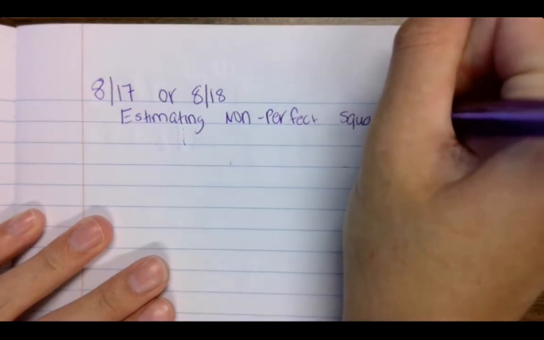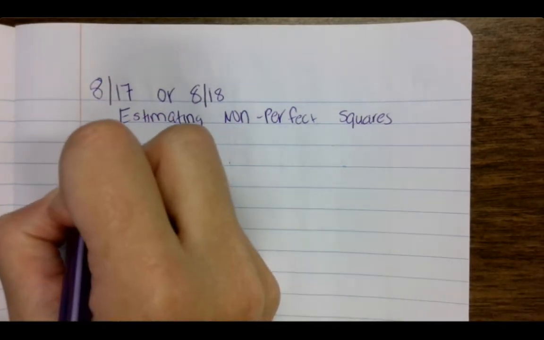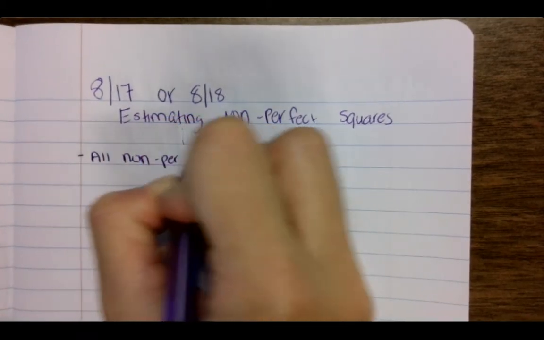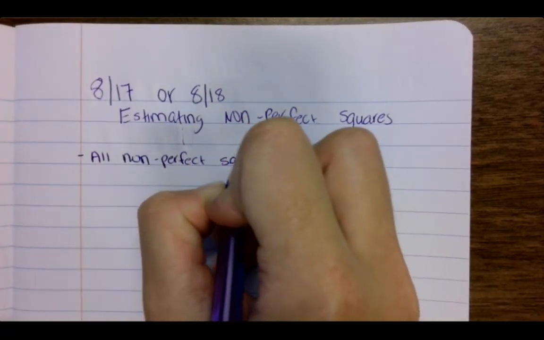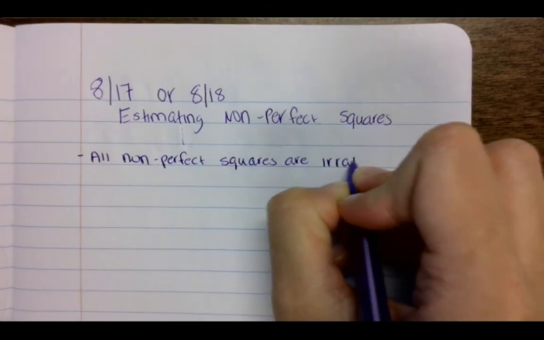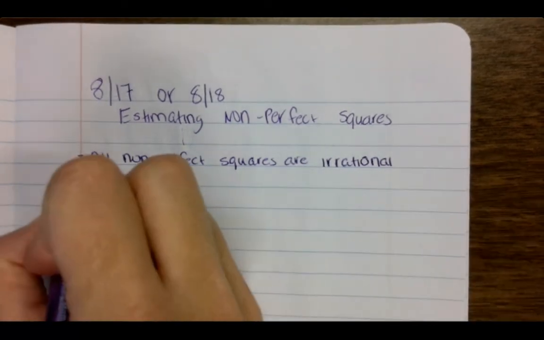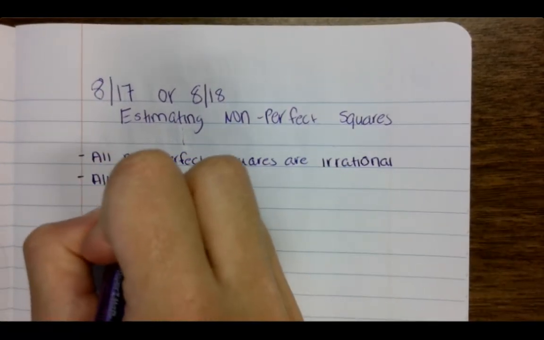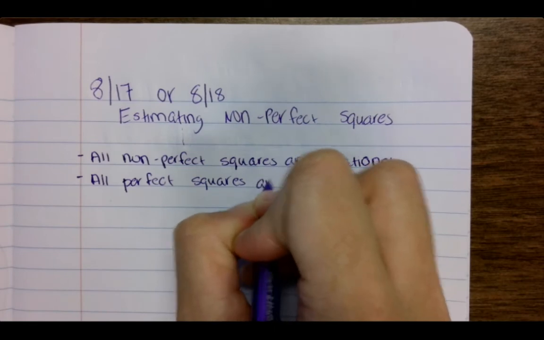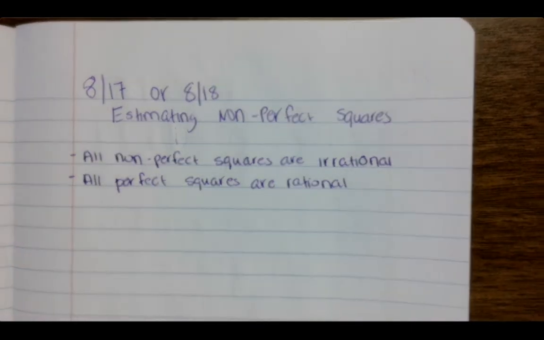If you remember a little bit about non-perfect squares, all non-perfect squares are irrational, whereas all perfect squares are rational. All perfect squares are rational.